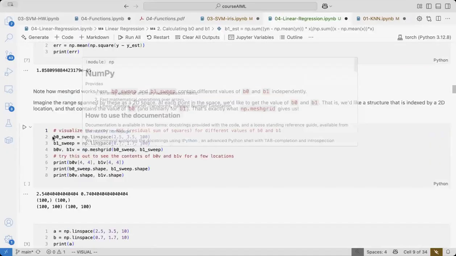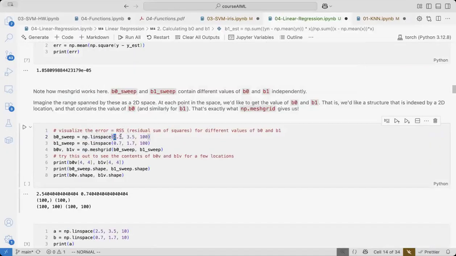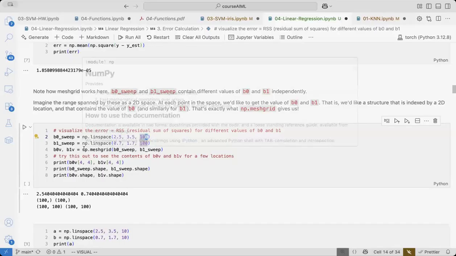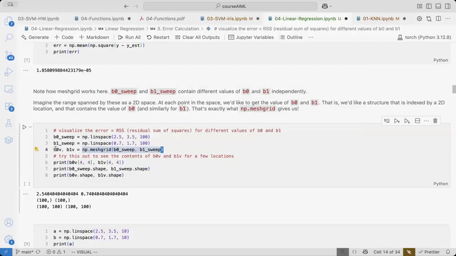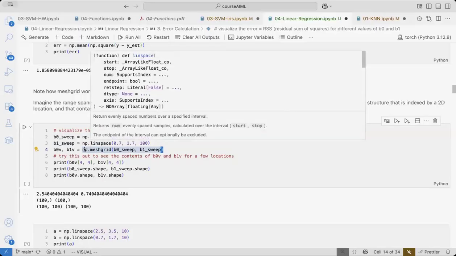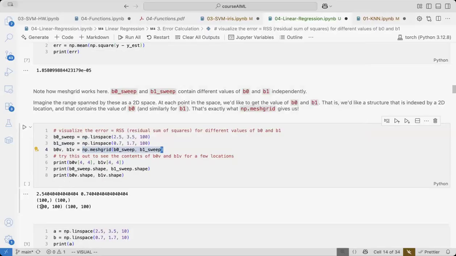So I've taken 2.5 to 3.5 and I've divided that range into 100 points. And similarly, 0.7 to 1.7, I've divided that into 100 points. And then I'm doing the mesh grid of the two of them. Right? So I get B0V and B1V. So these are going to be 100 by 100 arrays.